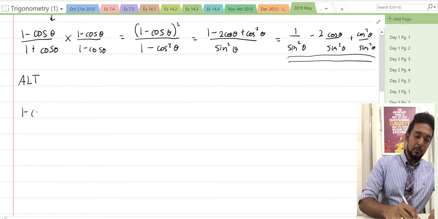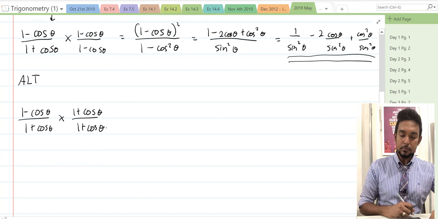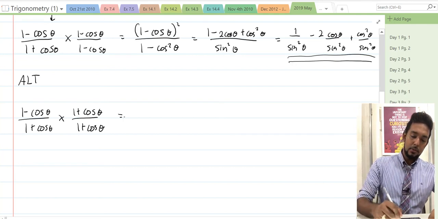So let's go back to our 1 minus cos theta over 1 plus cos theta. Let's multiply by 1 plus cos theta over 1 plus cos theta. The numerator would boil down to 1 minus cos squared theta.